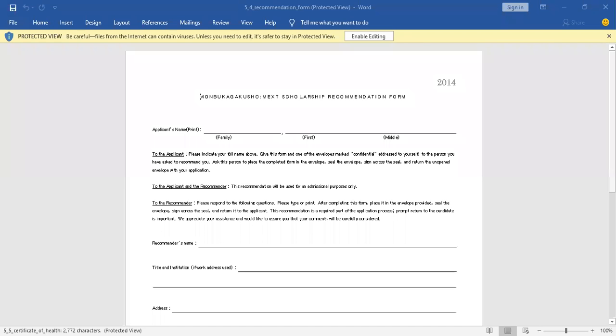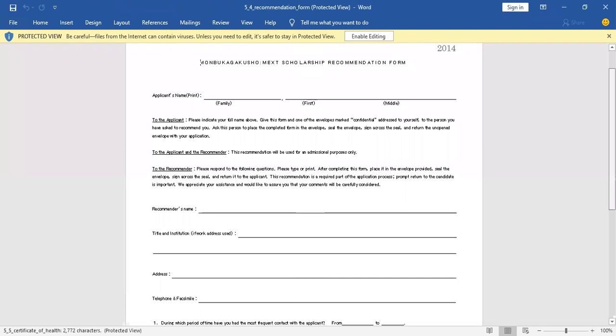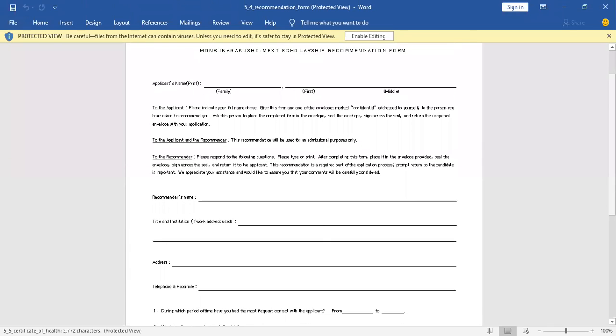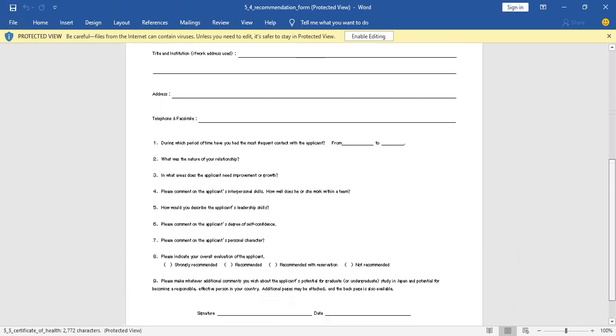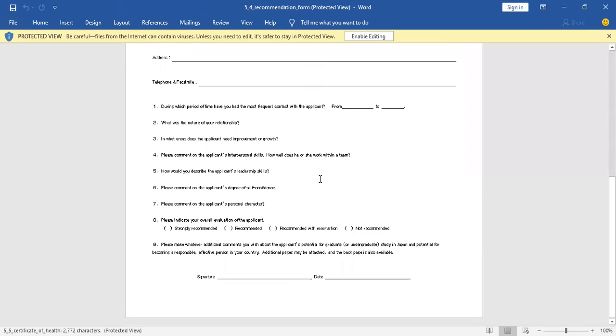I would like to share with you now the recommendation letter. Of course, a recommendation letter from your senior at work if it is related or matched to the field of study that you applied for in Japan, or from professors in the university. There are different questions they should write or answer in their essay. How do you know that person and the growth of that person?